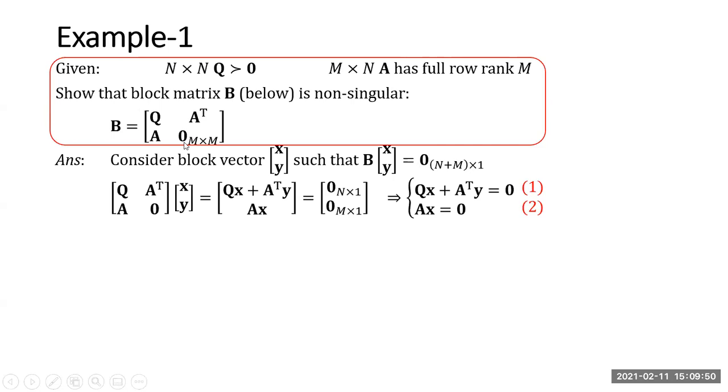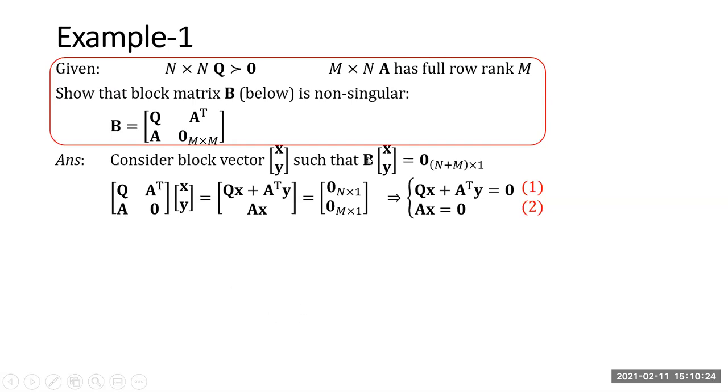What we have to show is that Bxy equals 0 can only happen if xy is 0. We have to show that this block vector xy must be equal to 0. Only then would B be non-singular.